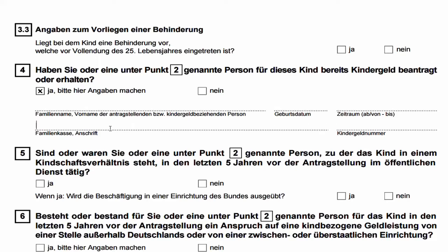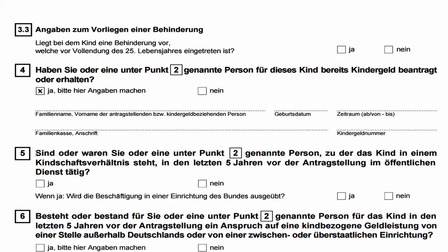Here you write the name and the address of the Familienkasse from where he or she has received child benefit for this child. And here you write the child benefit number or Kindergeld number based on which this person has received child benefit for this child.